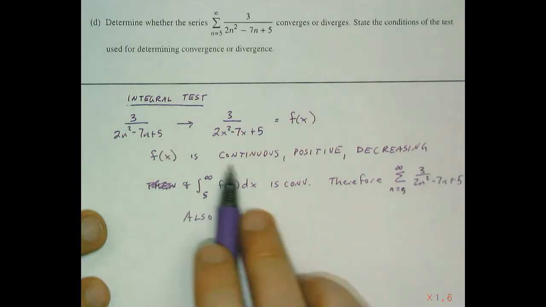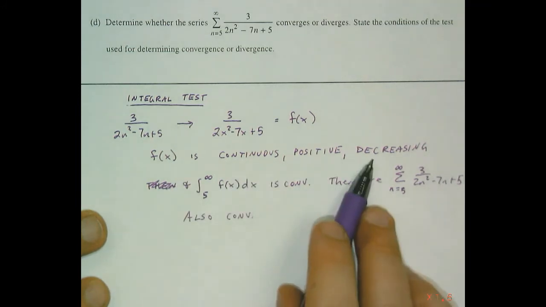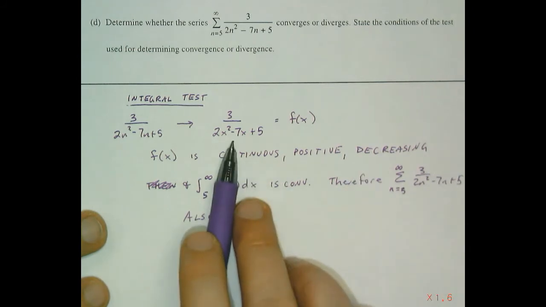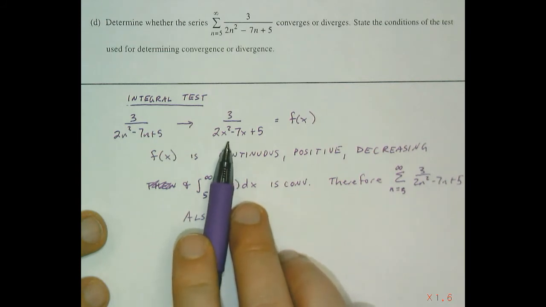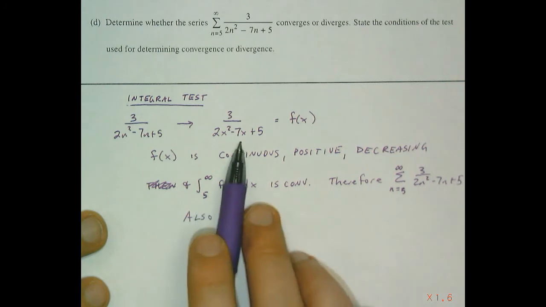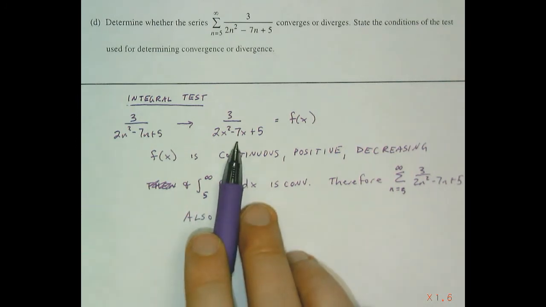Now, it should be noted that we haven't shown explicitly that f of x is continuous, positive, and decreasing. So if we look at our original function, it factored, the denominator had discontinuities because the denominator equaled 0 at 5/2 and at 1. But after the value of 5, this function is continuous.